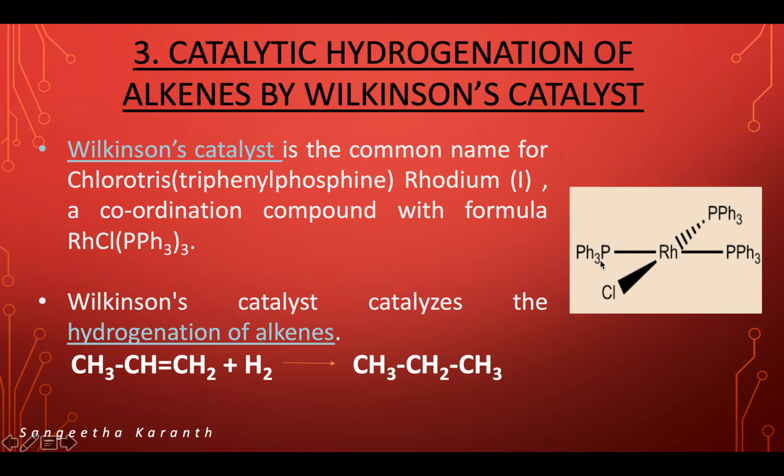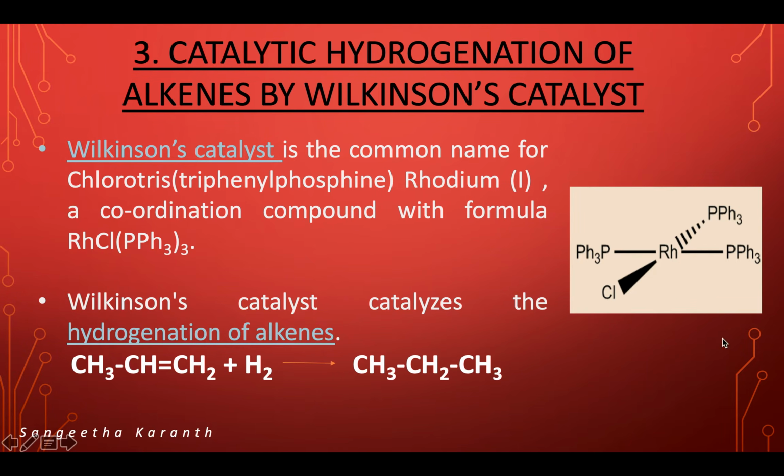This PPh3 group is named triphenylphosphine. This Ph is a phenyl group. There are three phenyl groups, so triphenylphosphine. There are three such ligands, and the prefix to be added is tris. So chloro, tris, triphenylphosphine, and rhodium.